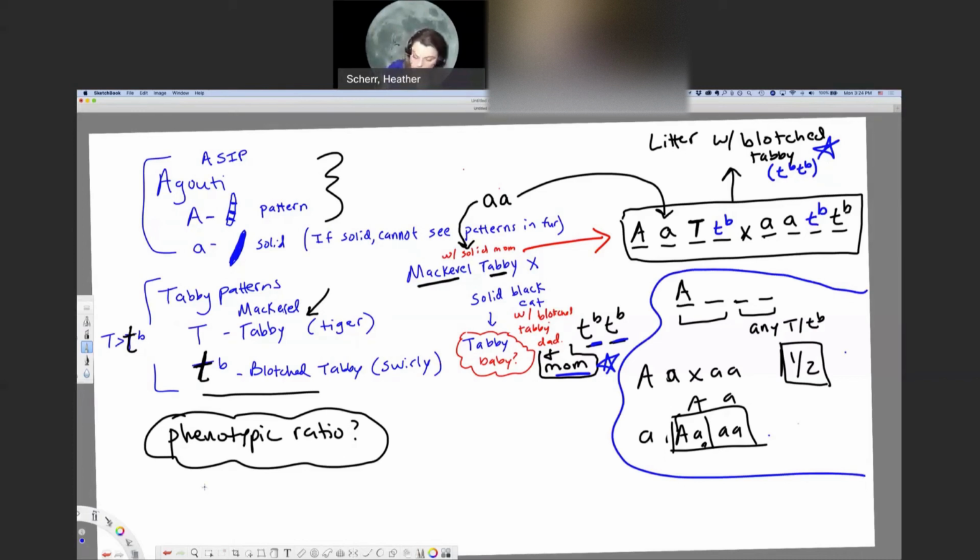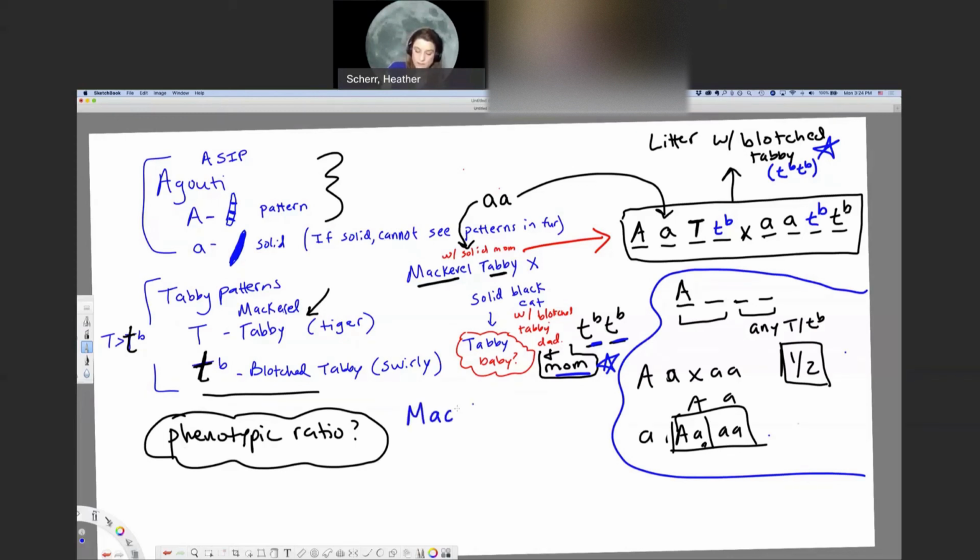Okay, phenotypic ratio. Let's just mention, what are the 3 different phenotypes that you can have? What kind of cats can you have? You can have a patterned tabby cat.